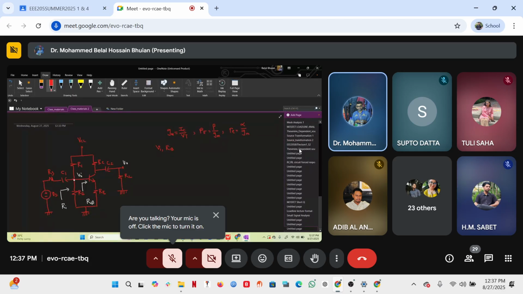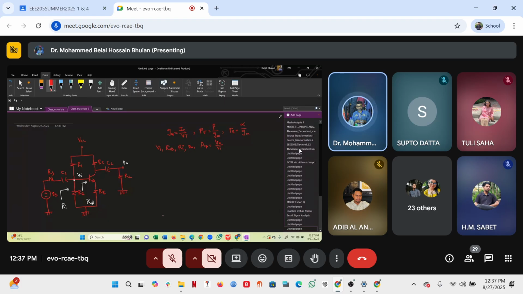That's called input impedance. And also Ri, the equivalent resistance that you're going to see if you look into the amplifier from this side. And then also Vo, the expression for output signal Vo, and then finally the voltage gain, which is Vo over Vi. So these are the parameters that we have to determine.